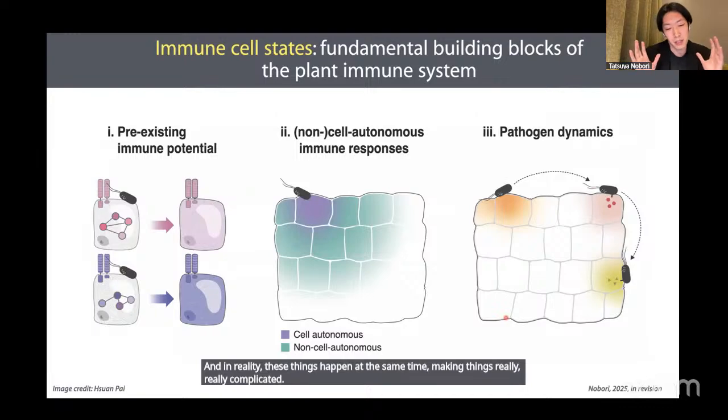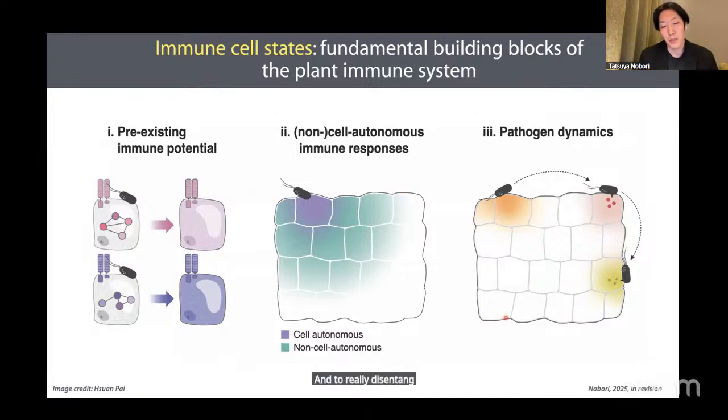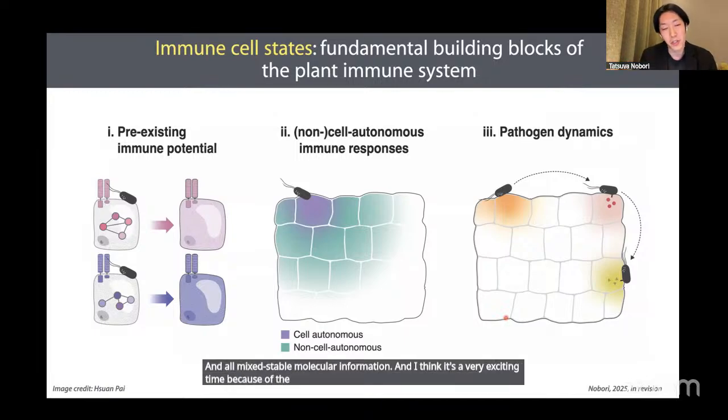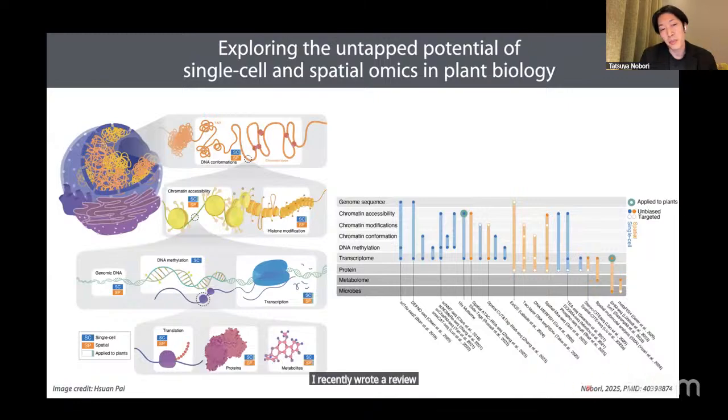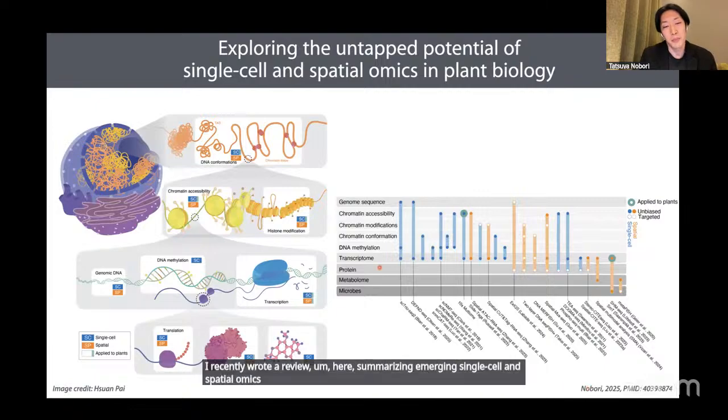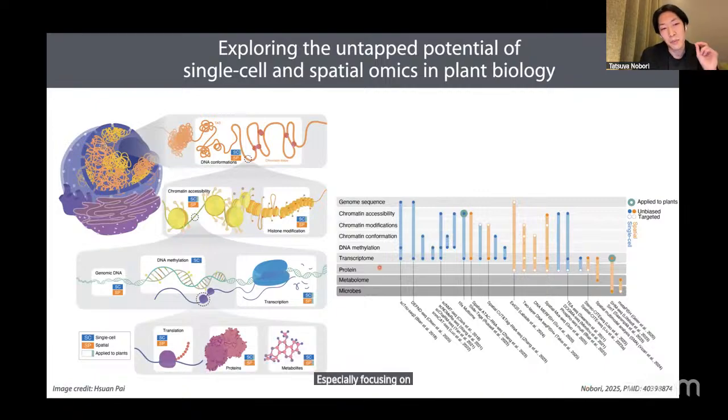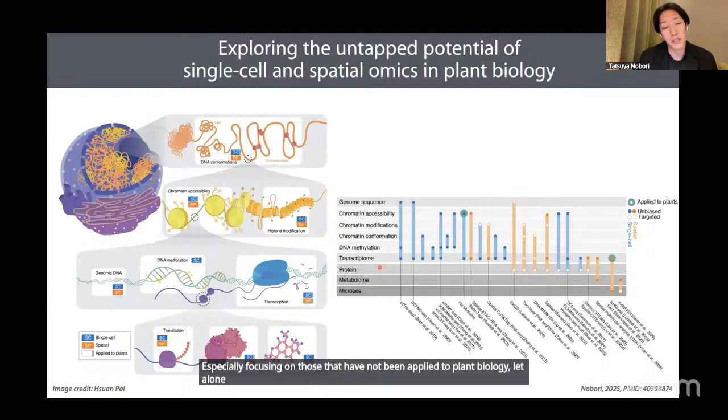And to really disentangle this complexity, we need single cell and spatial resolution and omics level molecular information. And I think it's a very exciting time because of the emerging new technologies. I recently wrote a review here summarizing emerging single cell and spatial omics technologies, especially focusing on those that have not been applied to plant biology, let alone plant-microbe interaction studies.